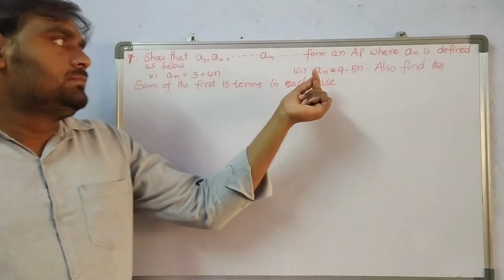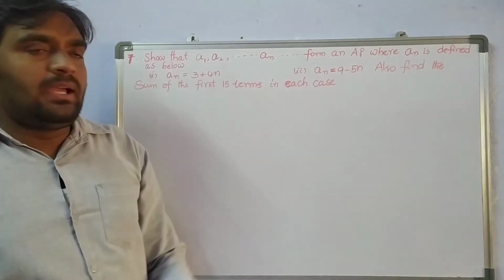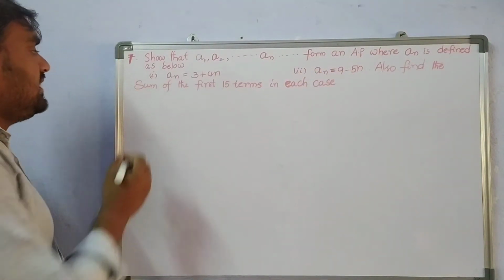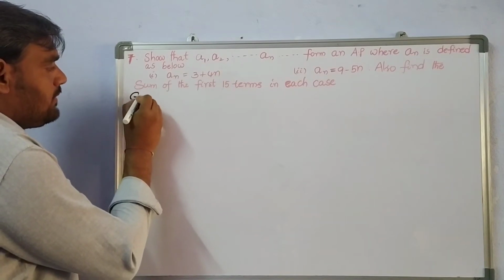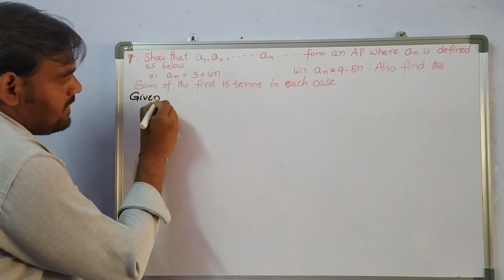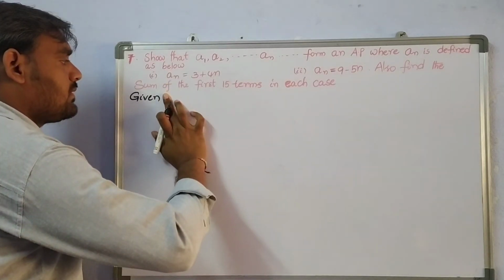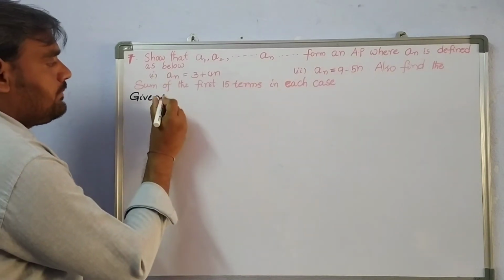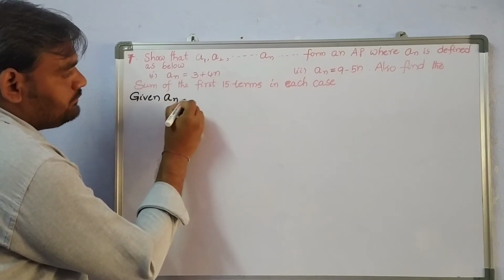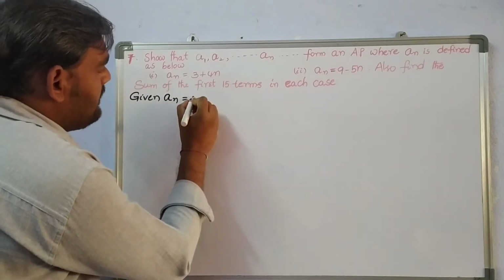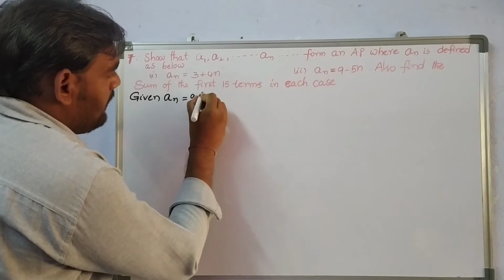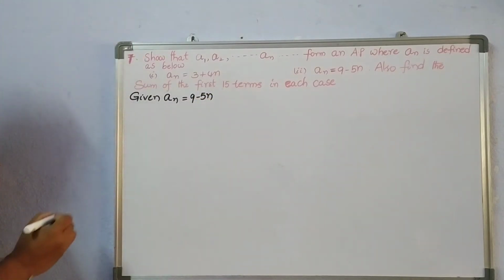Now second one. An is equal to 9 minus 5n, given.